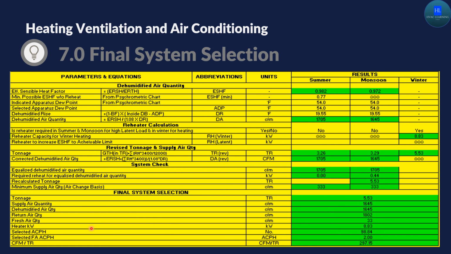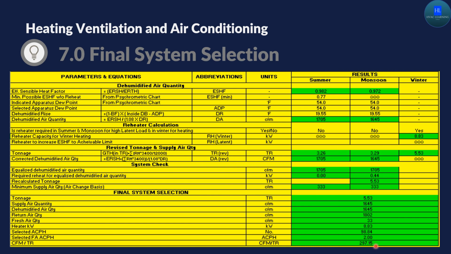Then if some heating is needed, we come to know about the heating load of 8.83 kilowatt. Then after that, once all these details are compiled, we come to know about the selected ACPH and fresh air ACPH. So air changes per hour, we have calculated that, and in the last we will come to know about what is the CFM per TR.